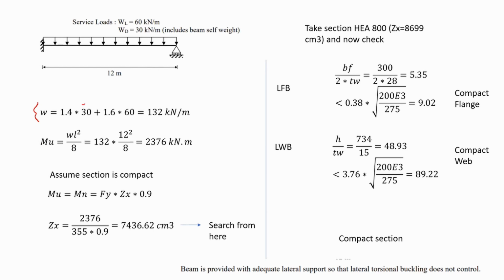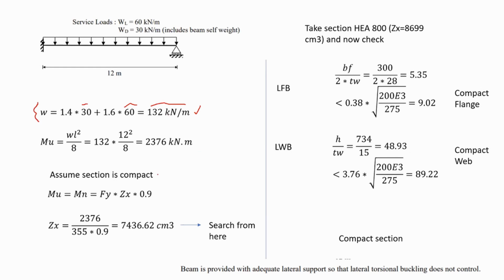The live load and the dead load are all given to us according to LRFD. If you multiply 1.4 by the dead load plus 1.6 by the live load, you would get the distributed load equal to 132 kilonewton per meter. That's the factored load. So I have the factored distributed load.